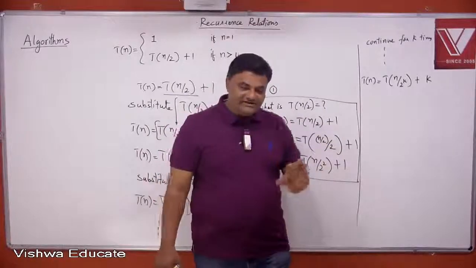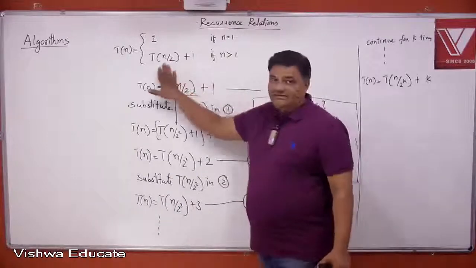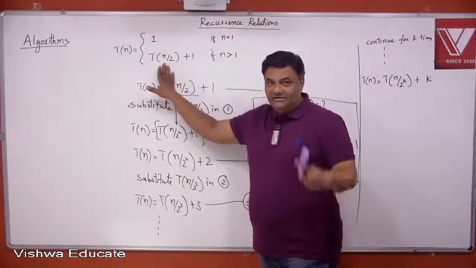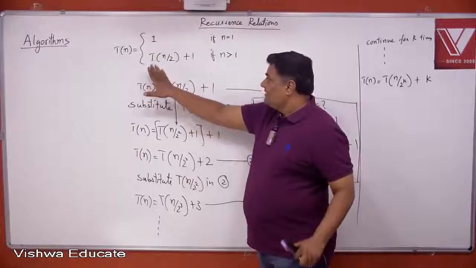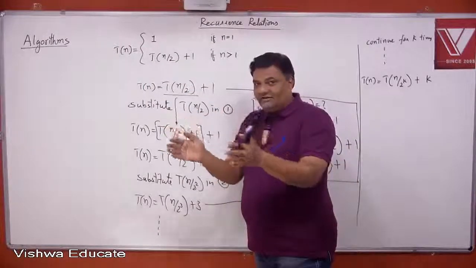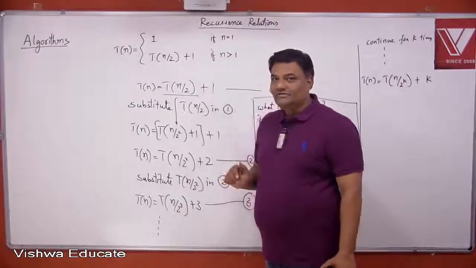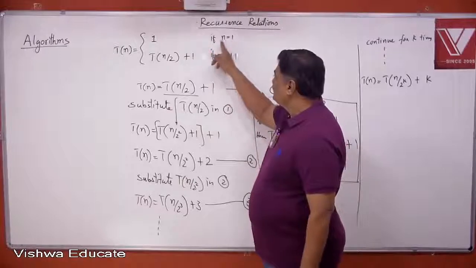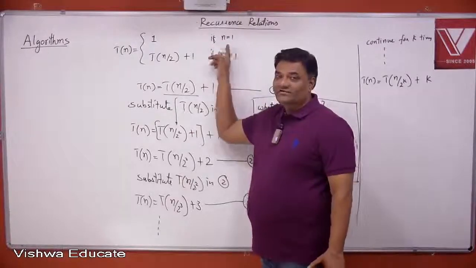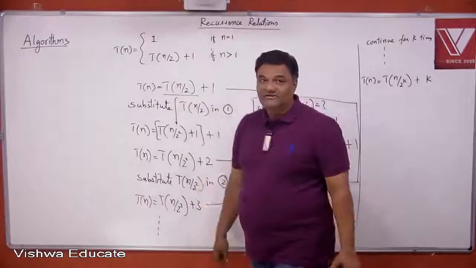Okay, listen. This is a recurrence relation. Very important, listen carefully. This is a recurrence relation. We are going on substituting and trying to reduce and reduce and reduce up to what? This one. You know this. What is that? When n is equal to 1, then the answer is 1.